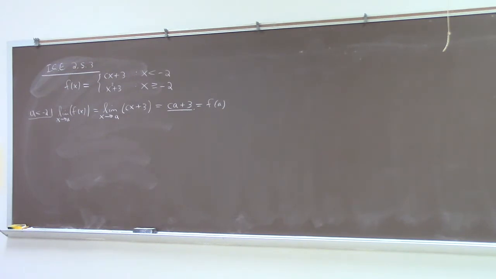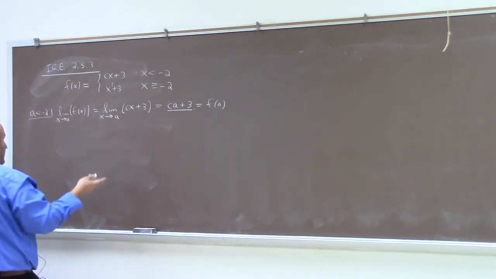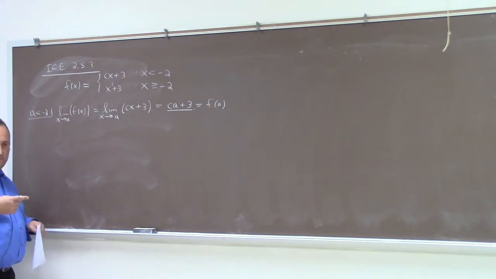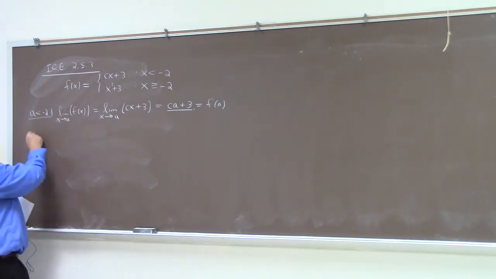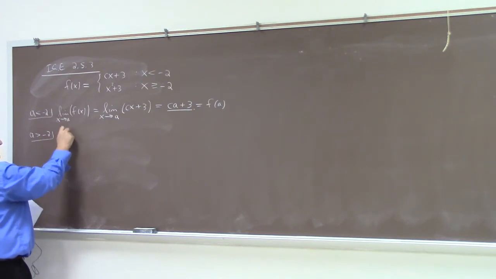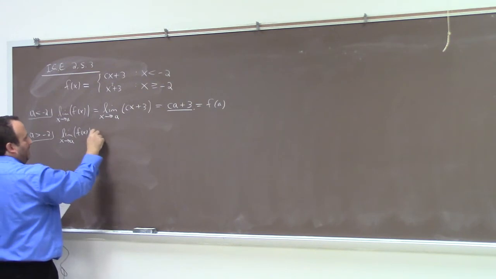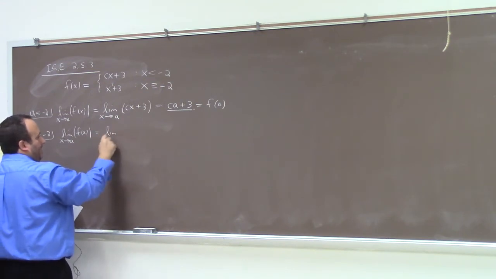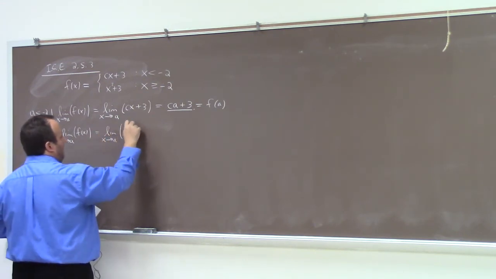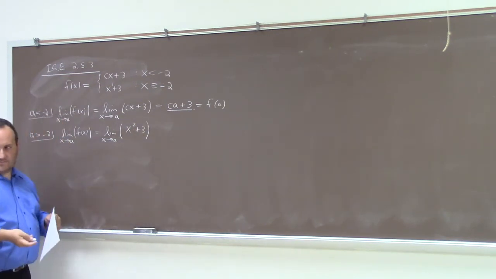Okay, so f is continuous for points to the left of minus 2. How about points to the right of minus 2? That's the formula in that case.